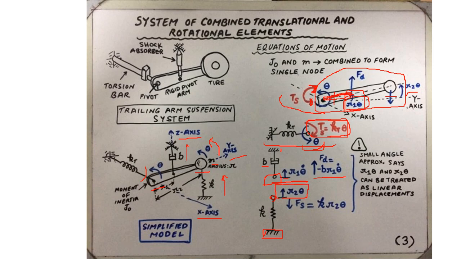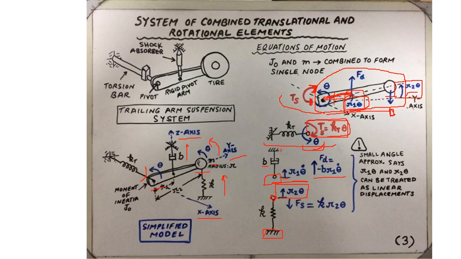So the arc length, as shown here in this diagram, is basically R2 times theta, because the distance from the pivot to this point, that is the point representing the top terminal of the spring, is R2, and theta is the angular displacement.